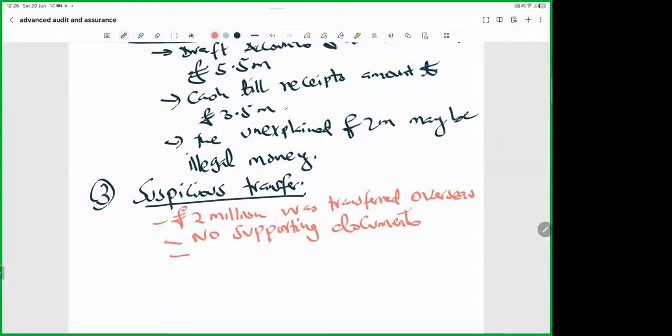So that automatically means that, or rather, because it was overseas, overseas transfers are common in money laundering.